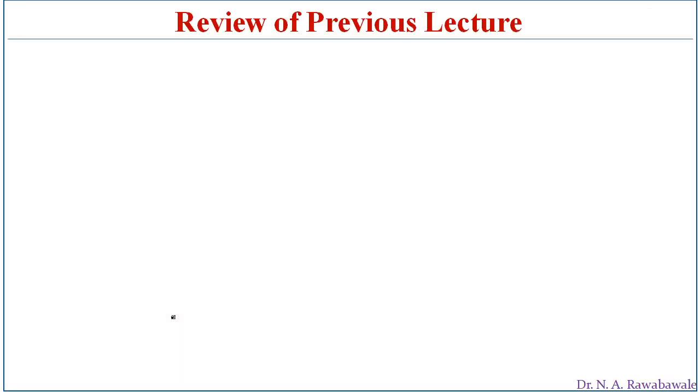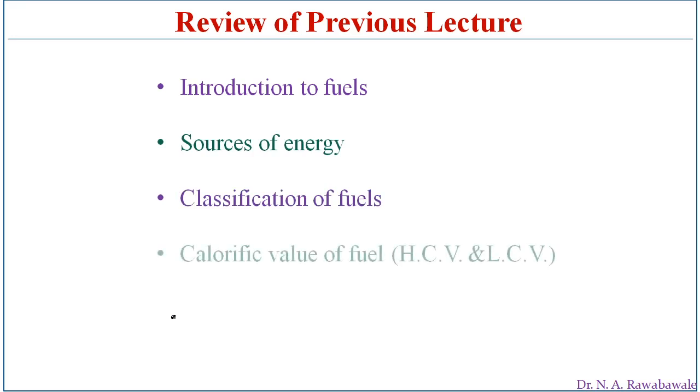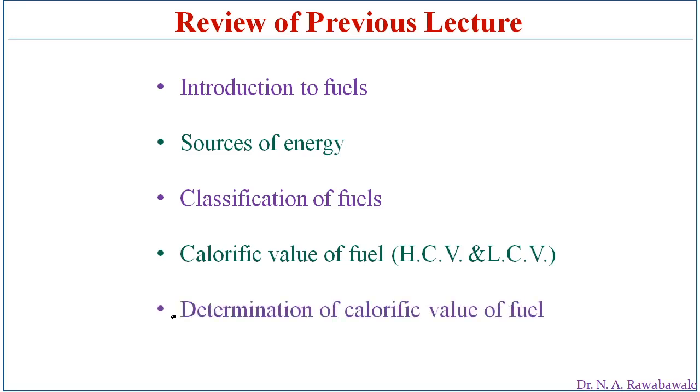In the previous class, we discussed the fuels, sources of energy, classification of fuels, calorific value of fuel, higher calorific value and lower calorific value of fuel, and determination of calorific value of fuel.